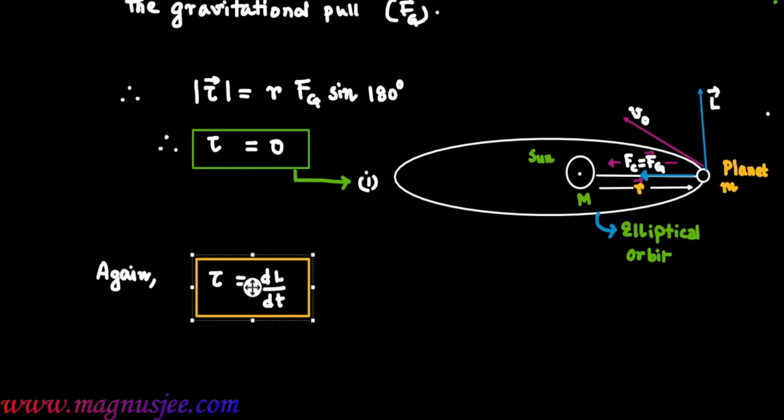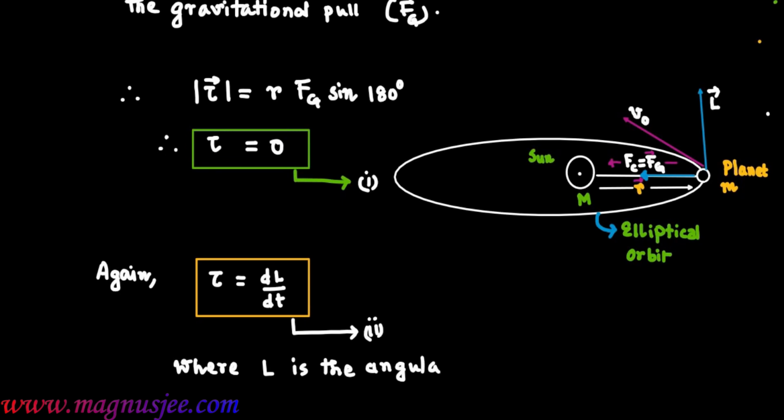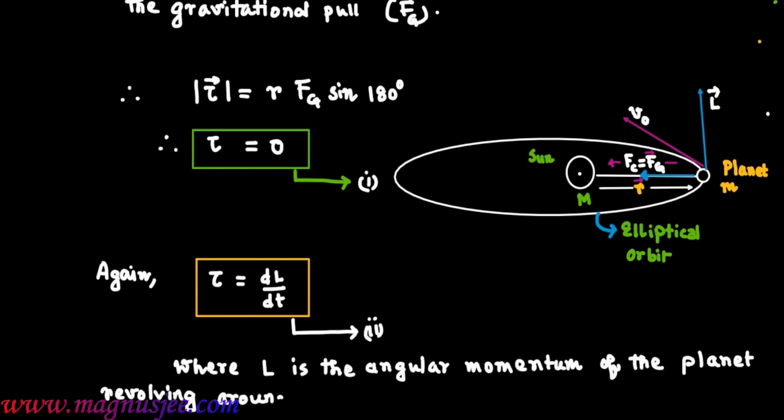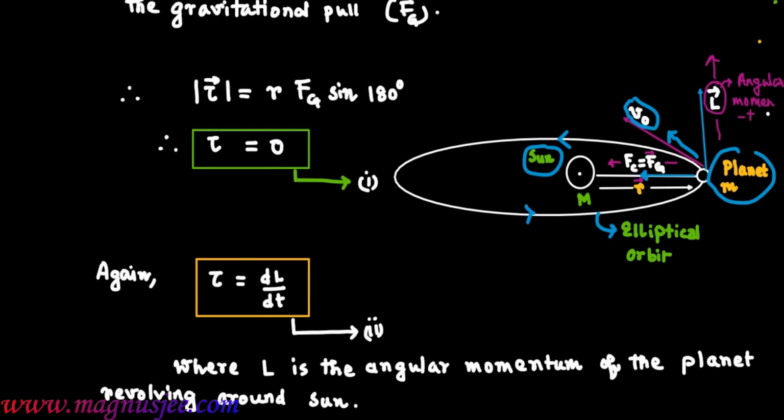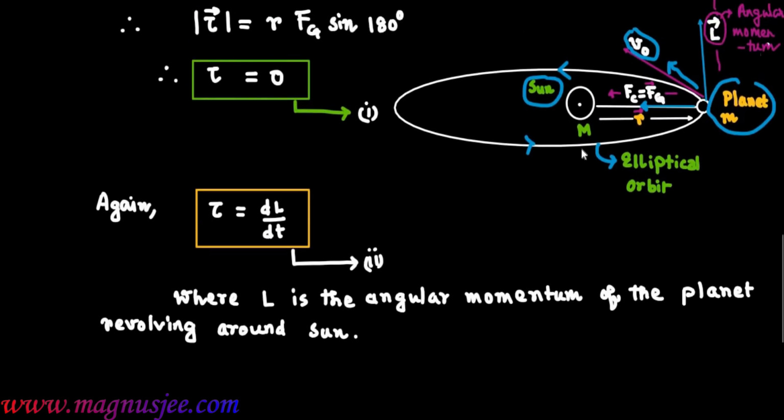So tau equal dL by dt, where L is the angular momentum of the planet revolving around sun, which acts vertically upwards, provided the planet revolves anticlockwise in a horizontal elliptical orbit with orbital velocity v0. This is equation 2.